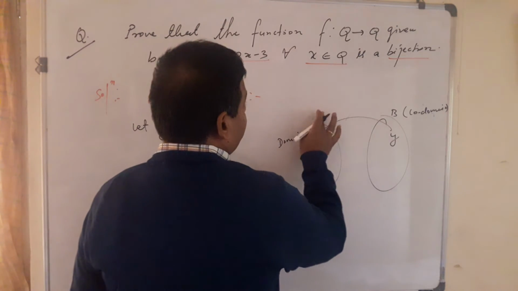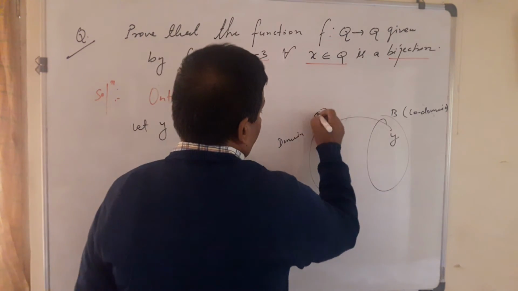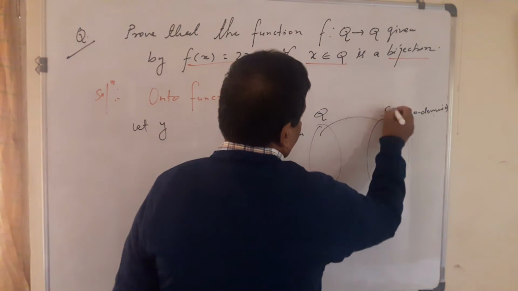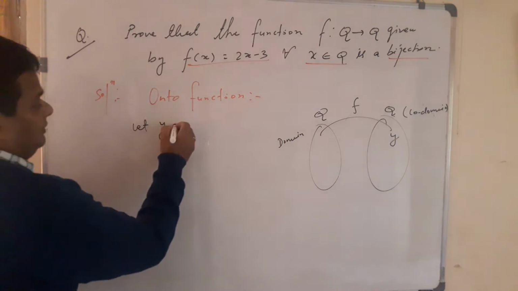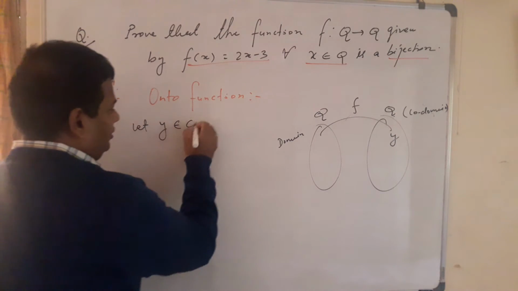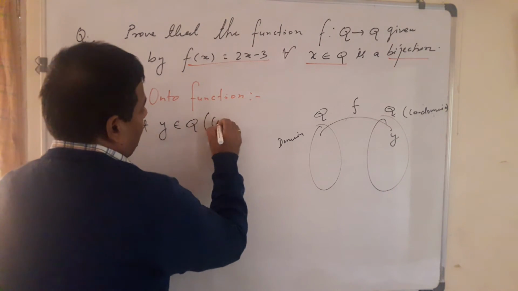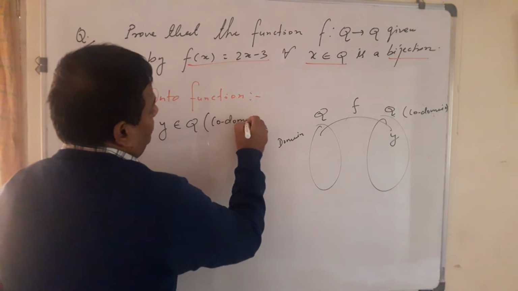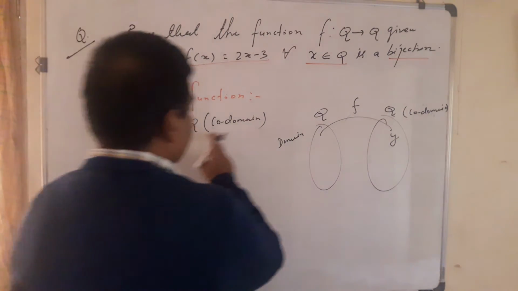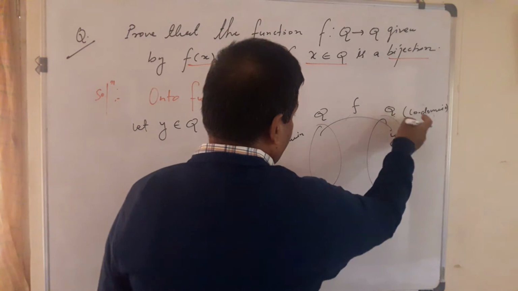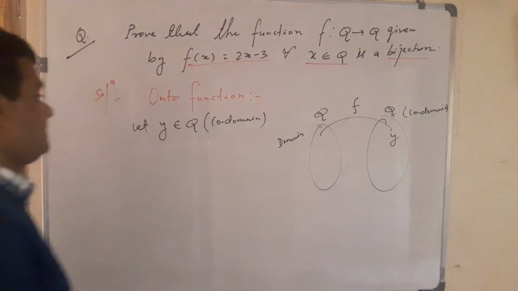Here the function f is Q to Q. So let y belong to Q, where Q is the codomain.